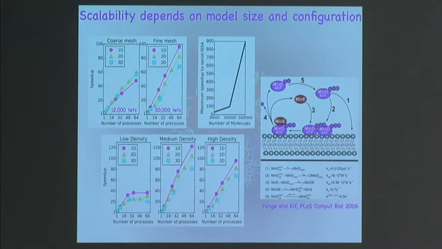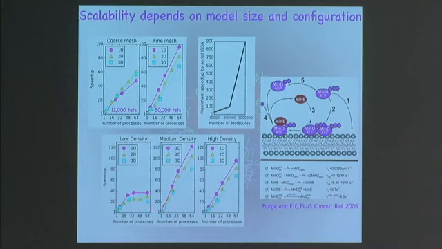But as you can see, this plots the speedup of these graphs. So you can see that we get quite nice speedups, which depend on both the model size and the configuration. So the model size here is basically the number of molecules you have in there.